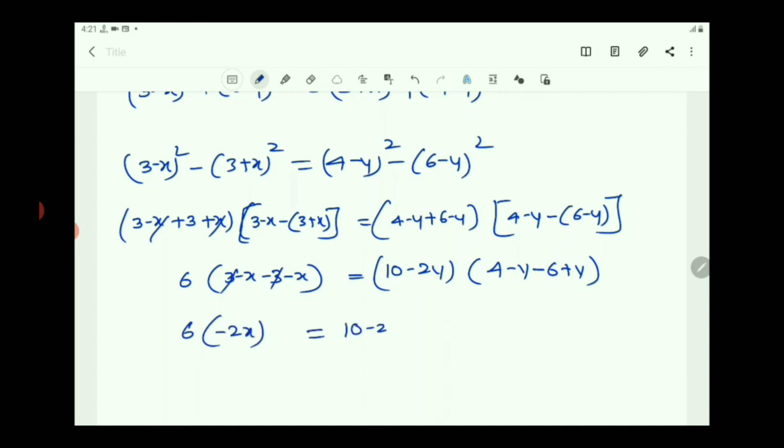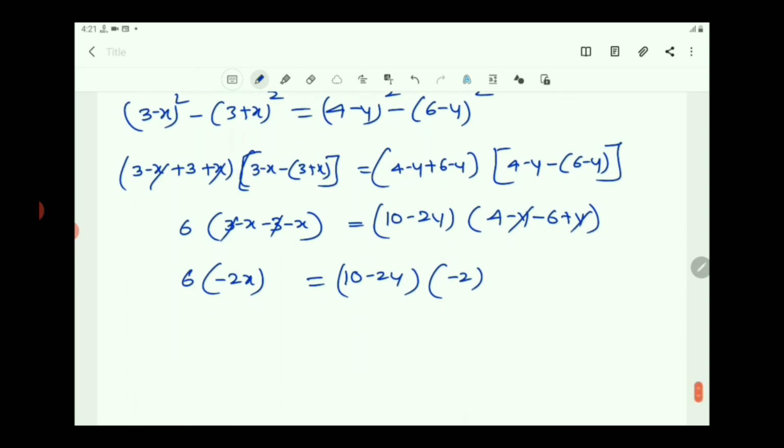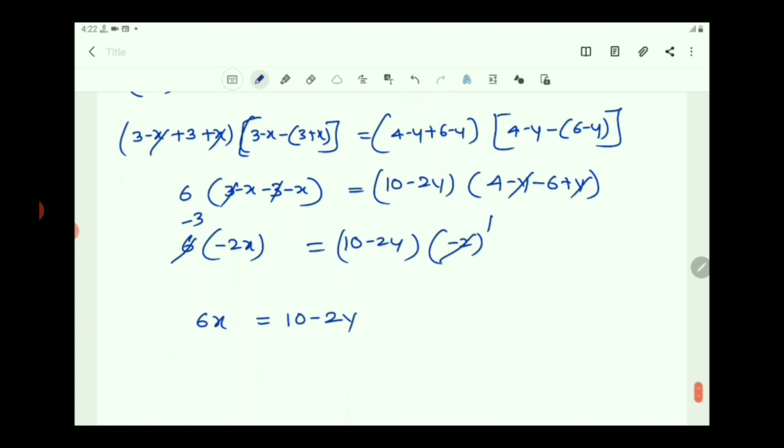Here 10 minus 2y, and minus y plus y cancels, 4 minus 6 is minus 2. Then if you want, you can cancel, or you multiply. If you cancel, it becomes minus 2 ones, minus 2 minus 3s. Then you multiply, that becomes minus 3 into minus 2x, 6x equals 10 minus 2y. You got 6x equals 10 minus 2y.